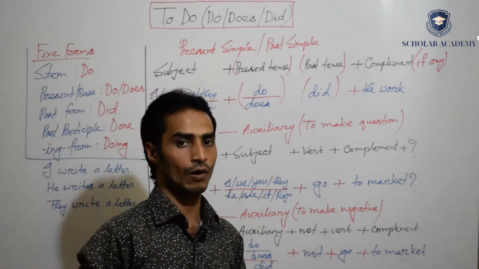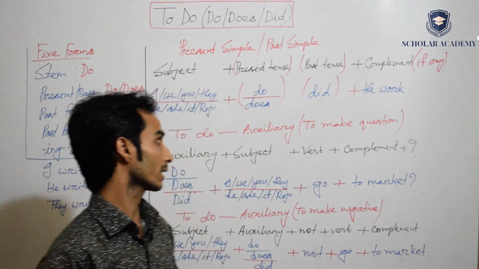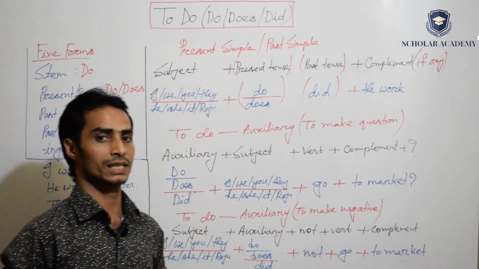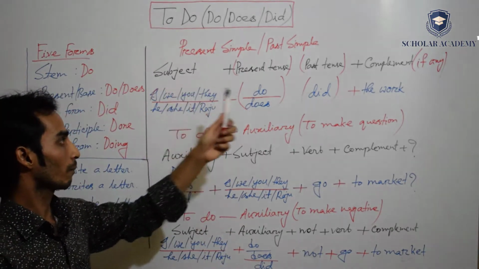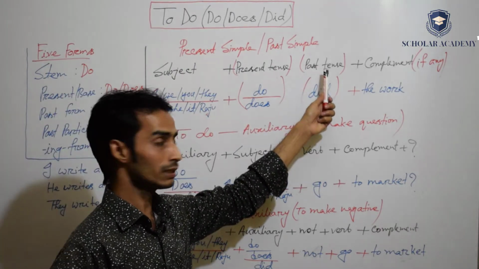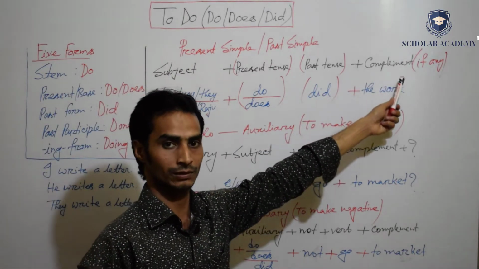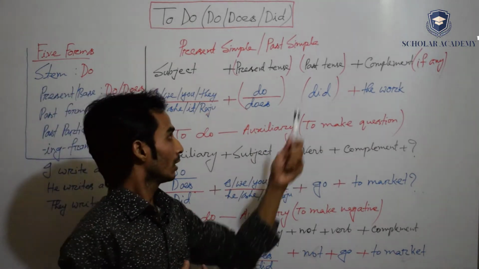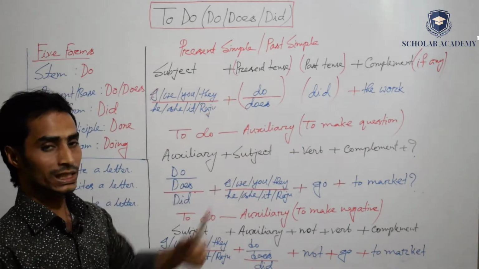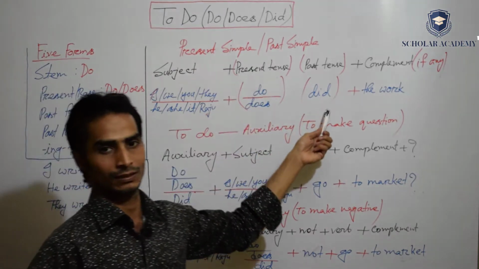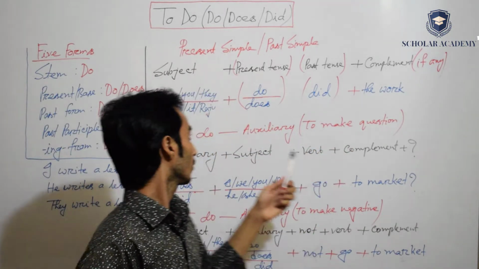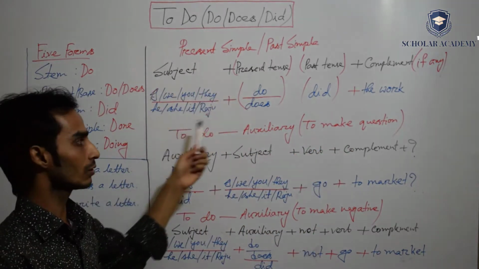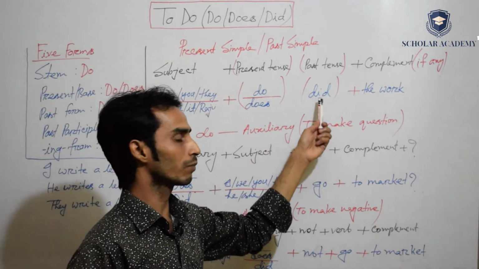Now we will discuss simple past tense. The structure of simple past tense will be subject plus past tense plus complement, if any. But the past tense of do is did for all subjects. For all subjects we will have to use did in the simple past tense.